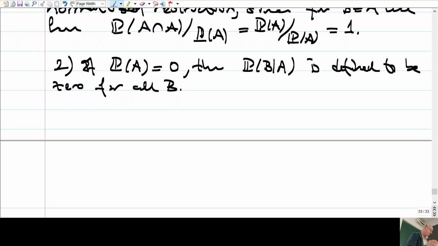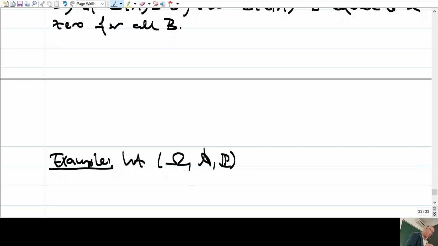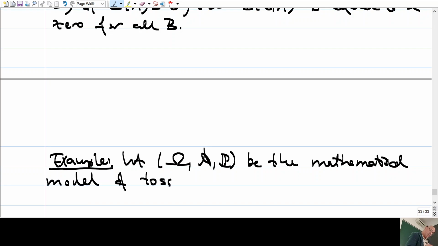Okay. Let's see one more example. Let omega, A, P be the mathematical model of tossing a die.